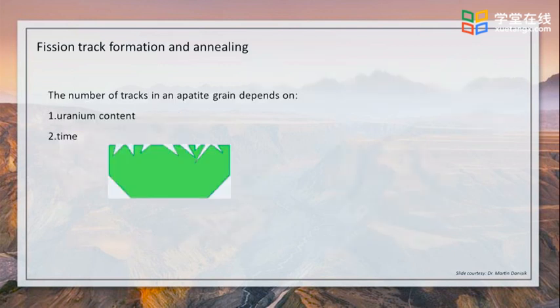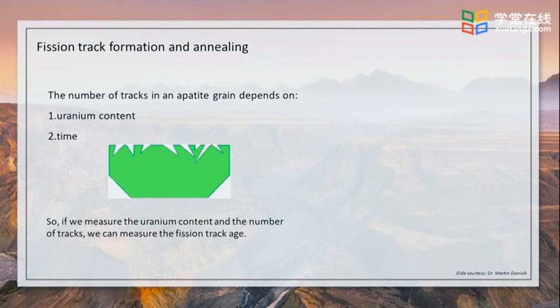The number of tracks in an apatite grain depends on 1. Uranium content, and 2. Time. Therefore, in principle, if we measure the uranium content and the number of tracks, we can measure the time over which tracks have accumulated, which is the fission track age.